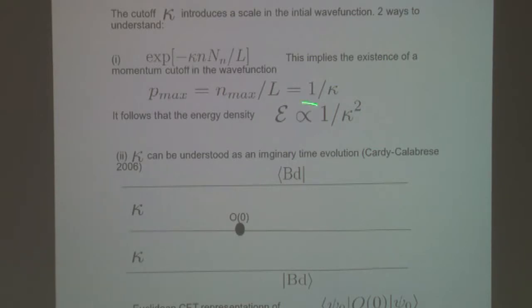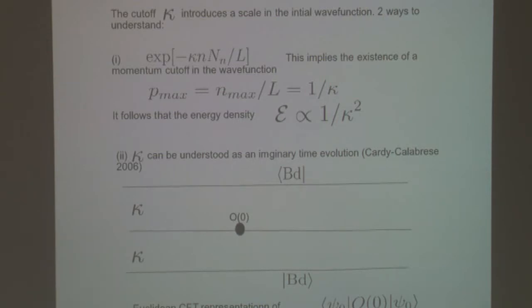You can compute a few more properties of the initial state, and you may want to guess that if such a state attains equilibrium, maybe the equilibrium will be described by that energy density and the corresponding temperature and so on.